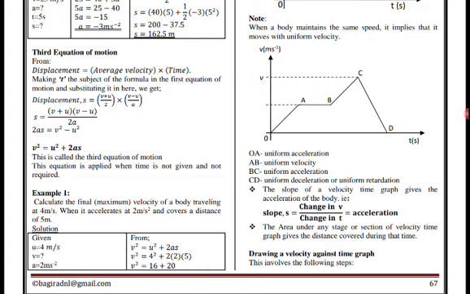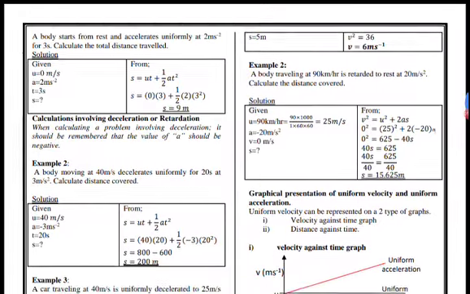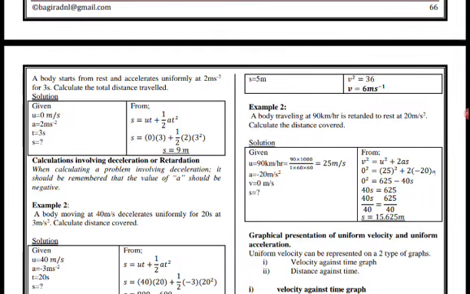They are saying this body started with a velocity of 4 meters per second. It's accelerating at a rate of 2 meters per second squared. That is the acceleration. We want to look for v, the final velocity. We have the distance. So using this third equation of motion, we can substitute and get it. So that's all about the third equation of motion.